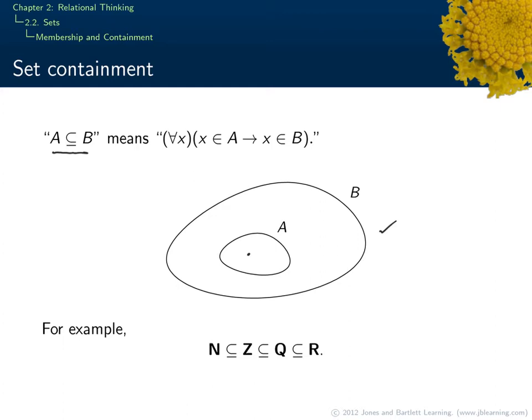If x is in A, then it must also sit within B. So for example, using the sets that we talked about on the previous slide, any natural number is also an integer. Any integer is also a rational number, and any rational number is also a real number.